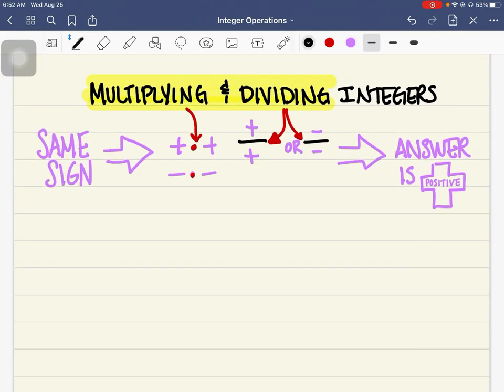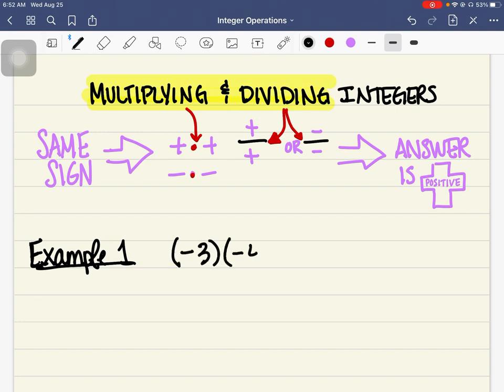For example, if I have -3 times -4, they have the same sign, so it's going to be a positive, and then we just have to multiply together 3 times 4, which is 12, positive 12.